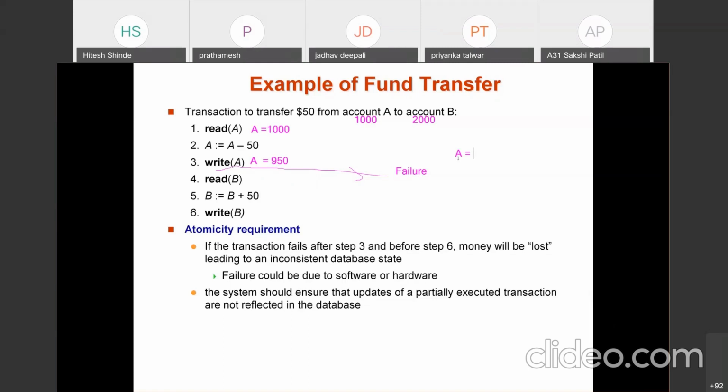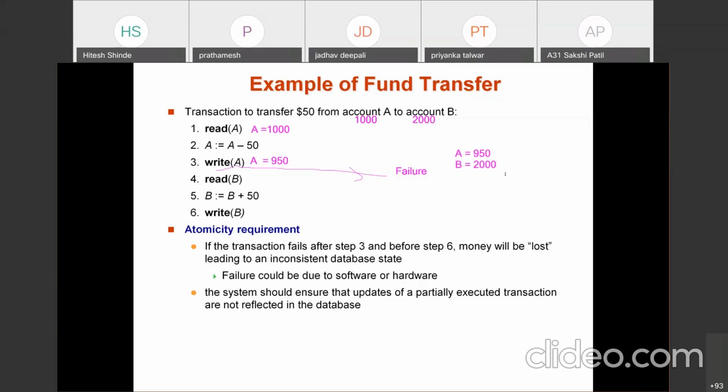Have you understood my question? Suppose we start the execution of the transaction and after the 4th or 5th instruction, a failure occurs, means the failure occurs after write A and before write B, correct? Then in that case, the value of A is 950 and the value of B is 2000 as it is.